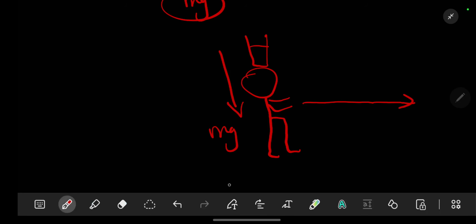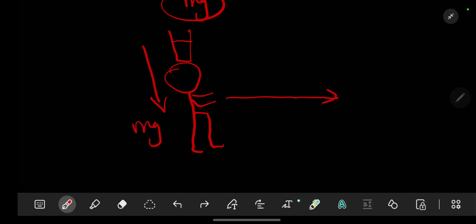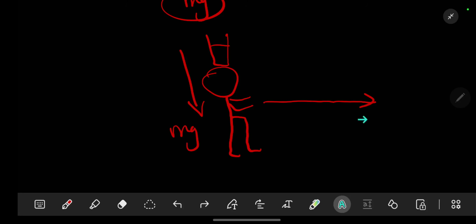They are moving in this direction, but the force is pointing downwards. So the force exerted on the bucket is down while the person is moving in this direction.